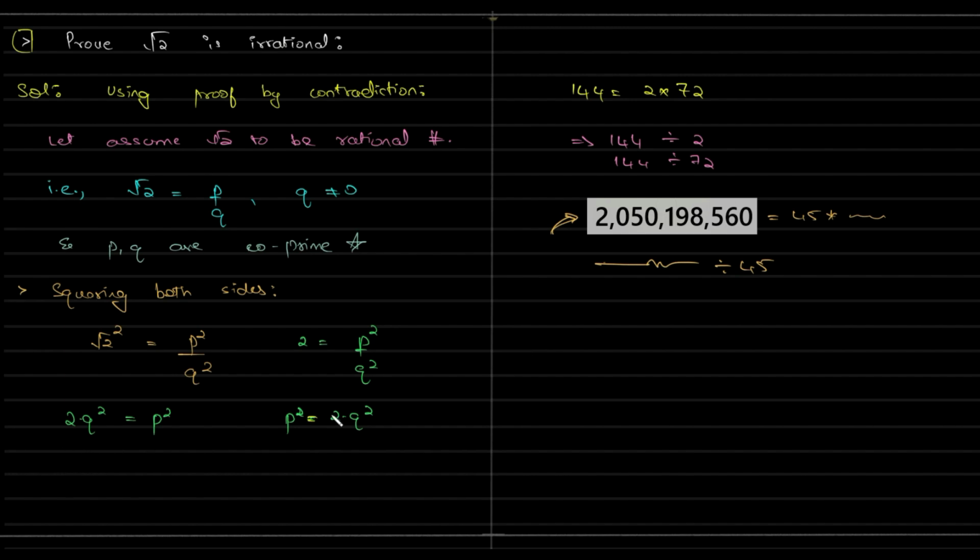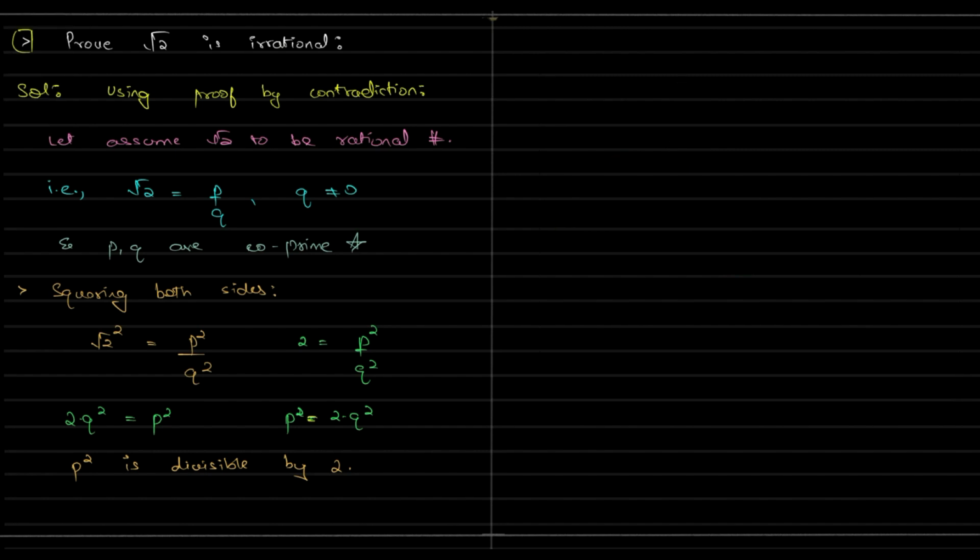So with the same logic, p square is a product of 2 and q square. So p square is divisible by what? 2. Is it not? So now p square is divisible by 2.